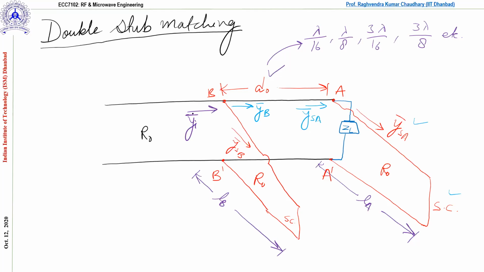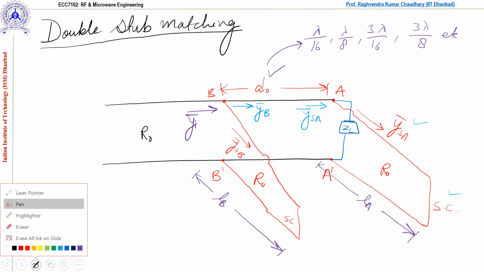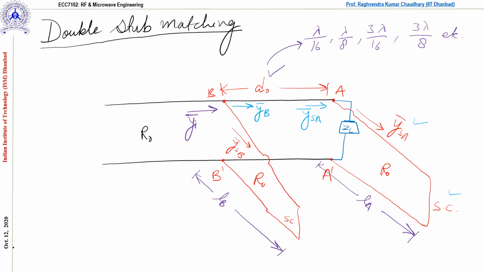Fine. So how will we define these things? The total one will be YI. This is not the normalized one, I am writing the absolute one: YB plus YS. This is the admittance offered by the system of the first stub load and this much transmission line. This is YB, that is why we kept YB here.